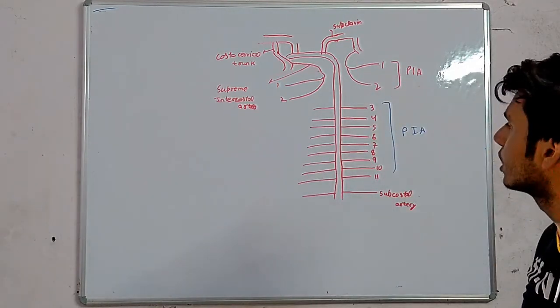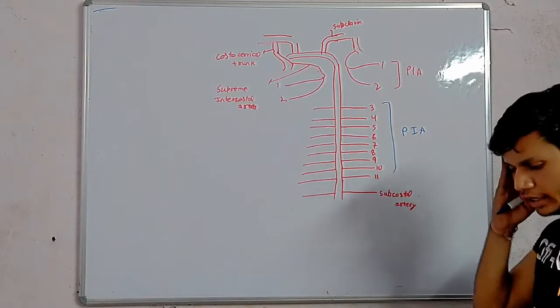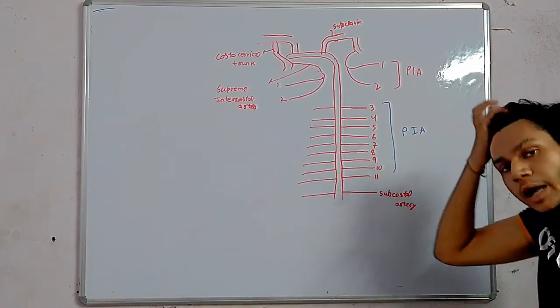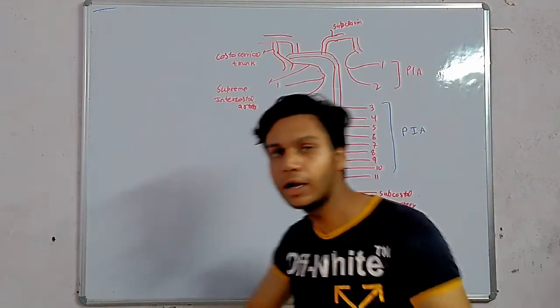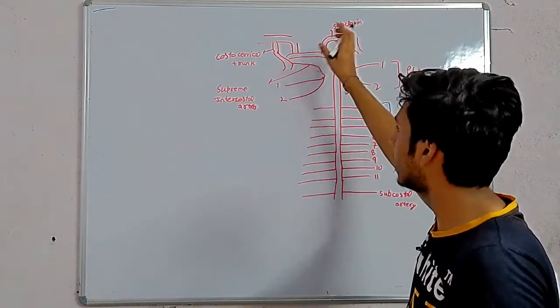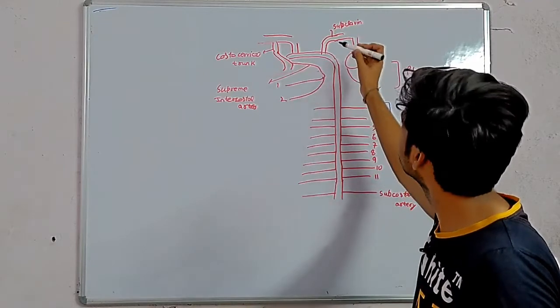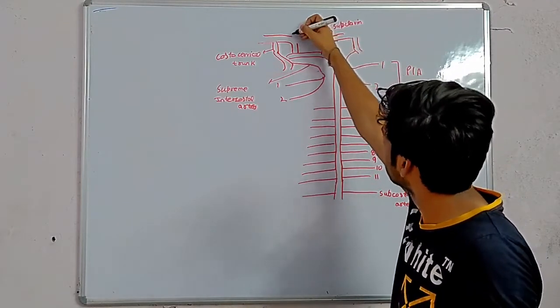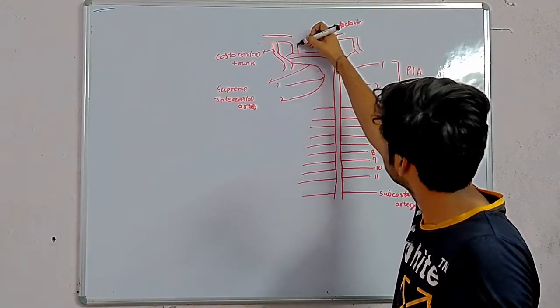Then posteriorly is finished. Now come to the anterior side. Anteriorly, we are drawing the internal thoracic artery with a black marker. This is anterior, this is posterior. This is the subclavian artery.